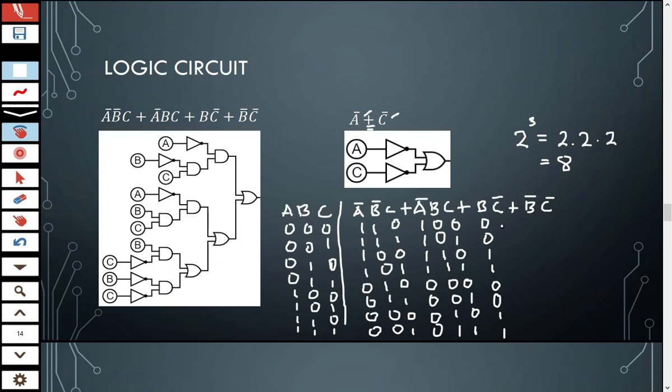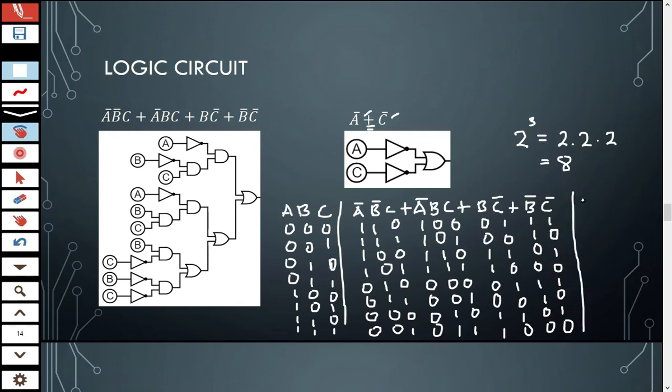And then for C, it starts with 1 because it is negated. And then for B, it also starts with 1 because it is negated. And for C, we also start at 1. Okay, this is our final column.